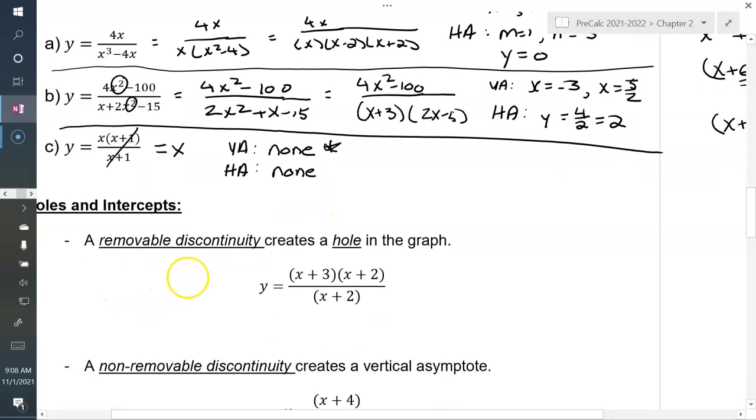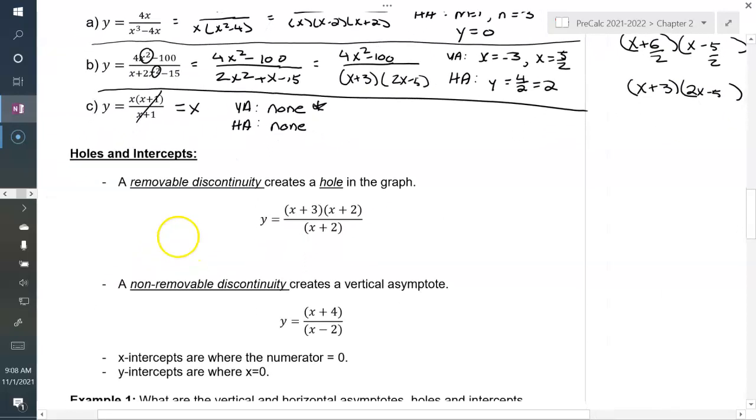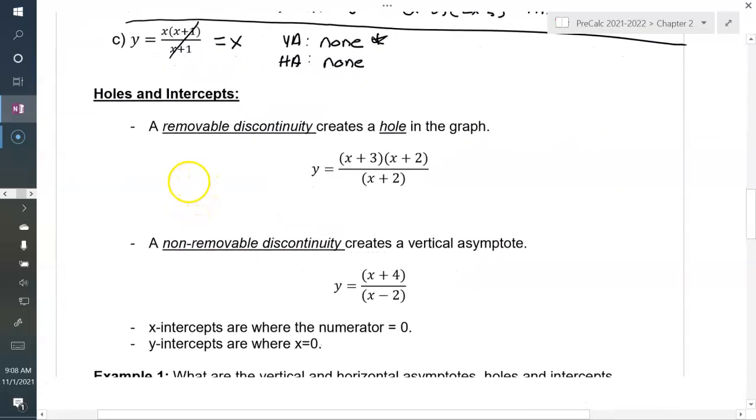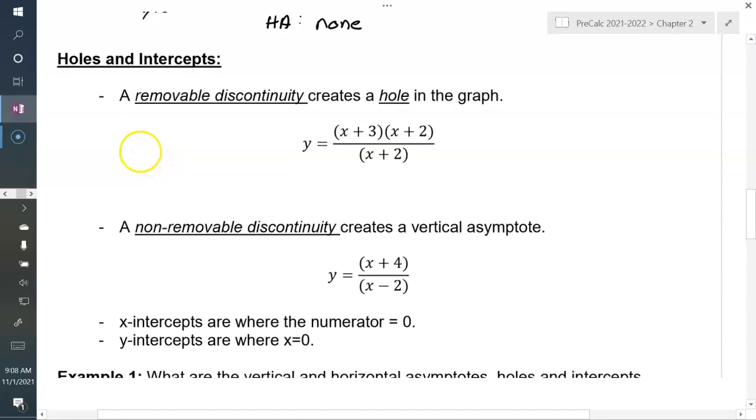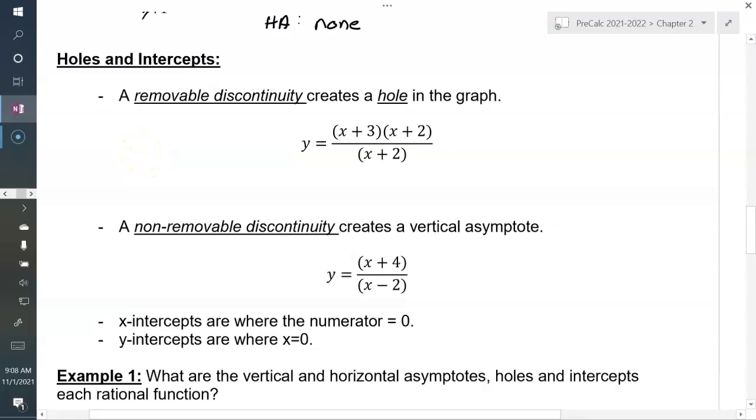So now let's talk about what happens if we can cancel out our denominator. What happens then is called a hole. And what that means is you have a discontinuity there. So for example, in this one we have x plus 3 times x plus 2 over x plus 2.